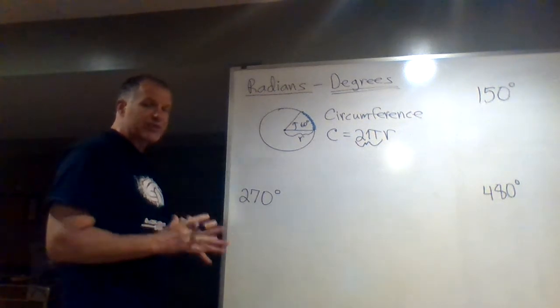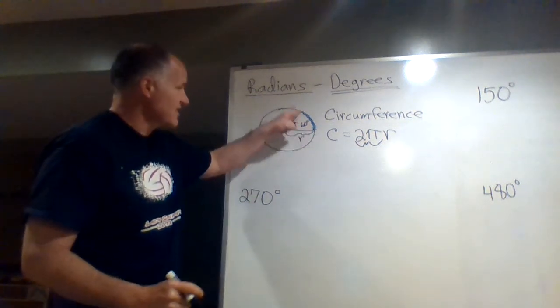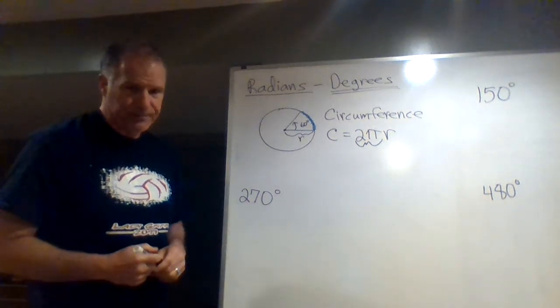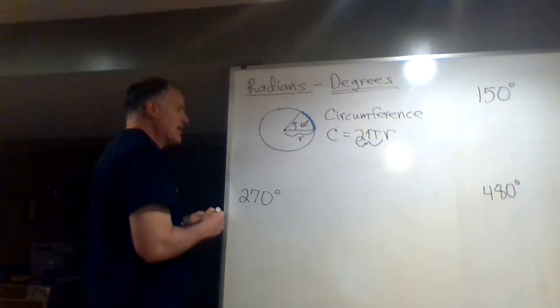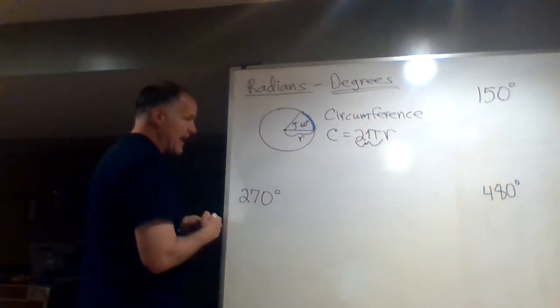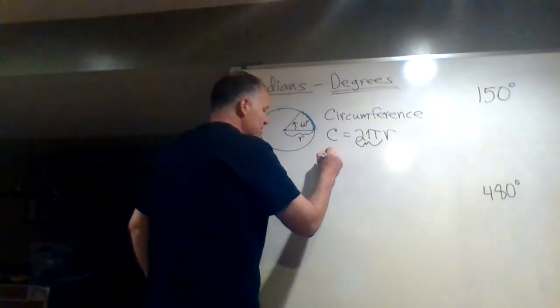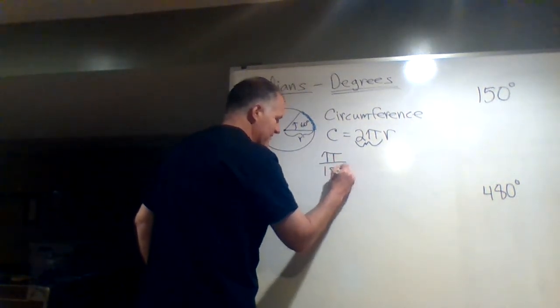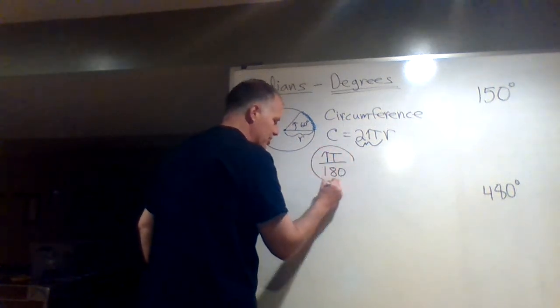Then we can use that to find that circumference distance on any circular item. If I'm going to convert degrees to radians, you always multiply by pi over 180.